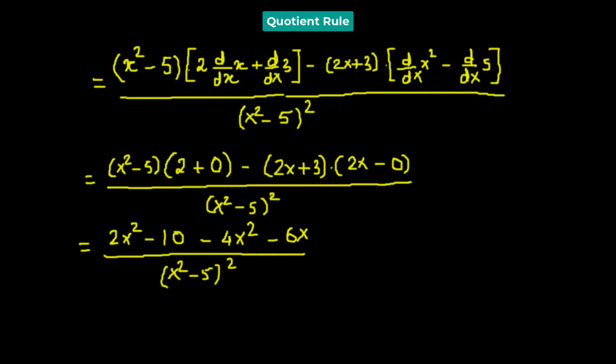So 2x squared minus 4x squared is going to give us negative 2x squared minus 6x minus 10 divided by x squared minus 5 whole squared. So this is the derivative of the given function with respect to x.